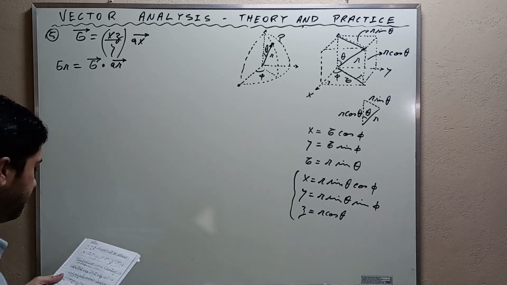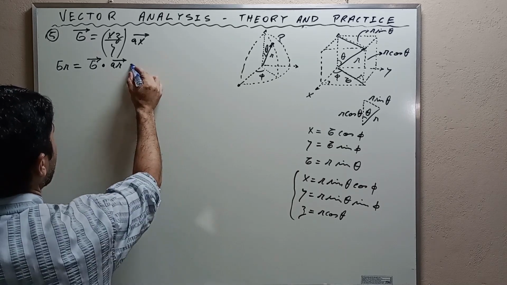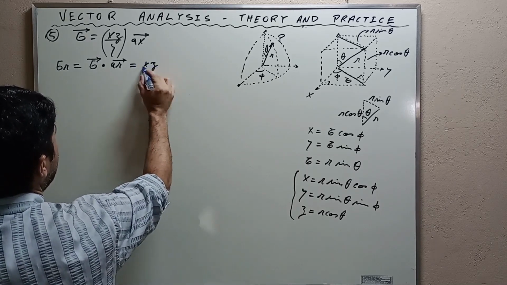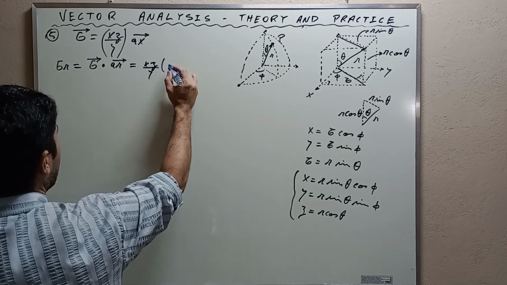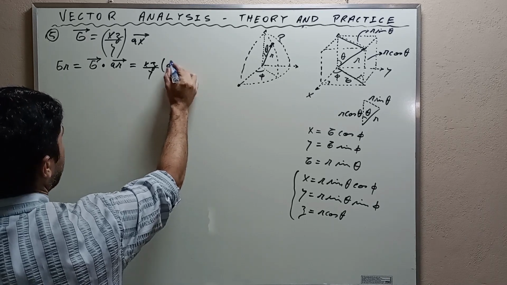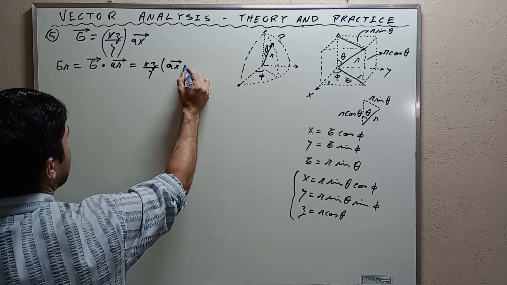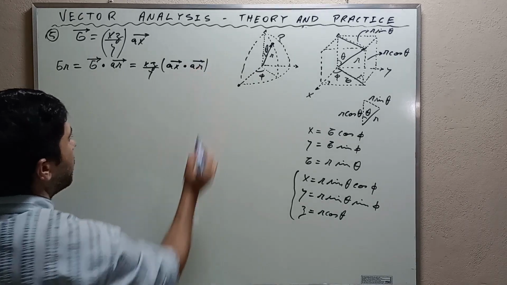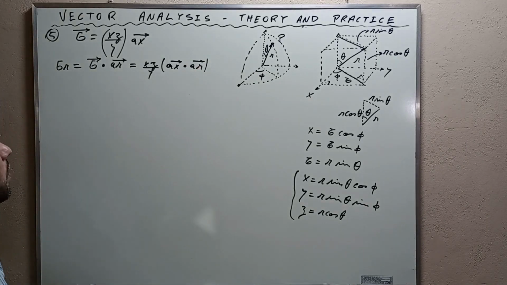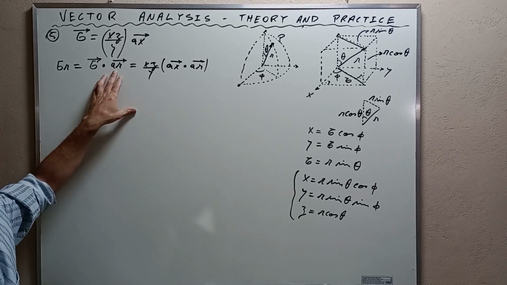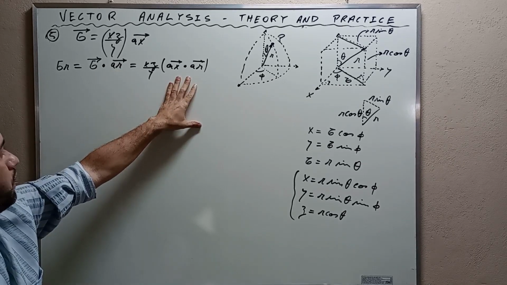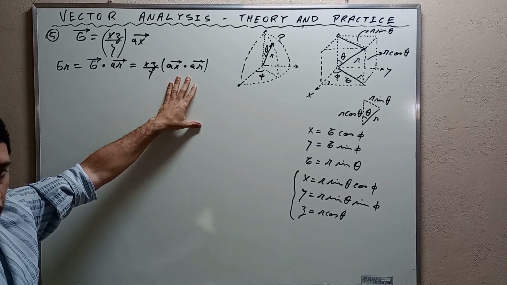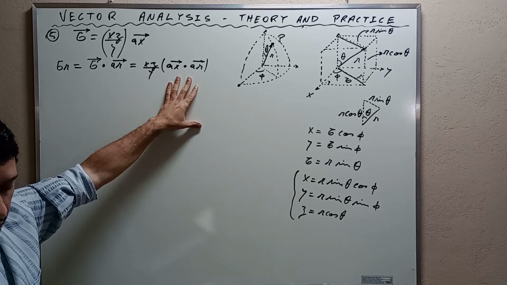Then it is going to be xz over y multiplying ax with AR. The magnitude of a unit vector is simply 1. We don't have to worry about the magnitude. It's going to provide us only the component in the direction of the unit vector, okay?